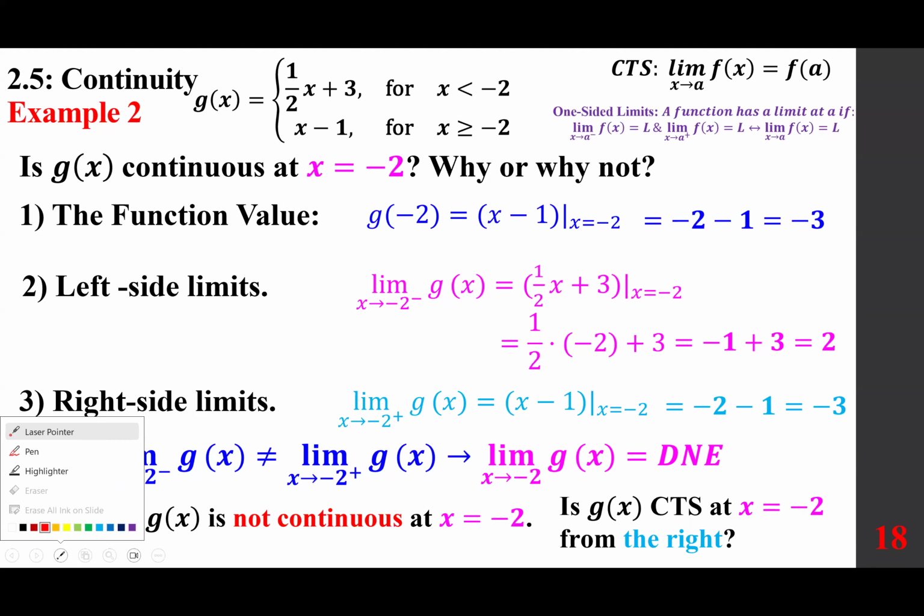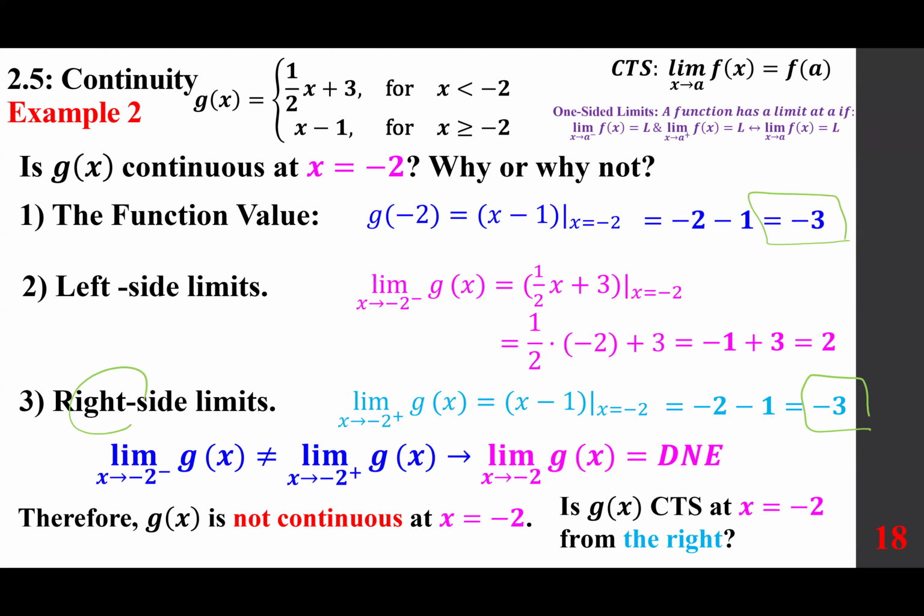So as we look at it, we notice the functional value and the limit from the right, they are identical. Therefore, the answer is yes. Although the function is not continuous at x equals -2, I can't emphasize this enough, yet it is continuous at x equals -2 from the right.